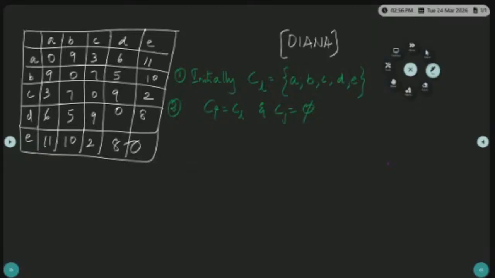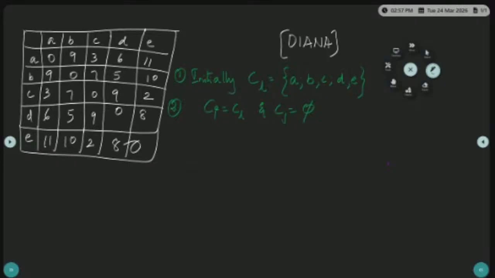Now, how do we do the shifting? We have to divide the data points of the original cluster. Here we are going to send all the dissimilar objects. What is a cluster? A grouping of similar data points. So we are going to form two clusters.